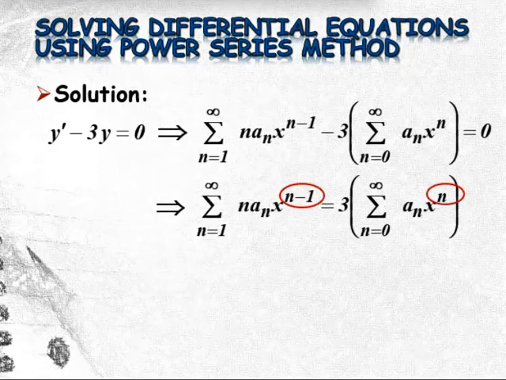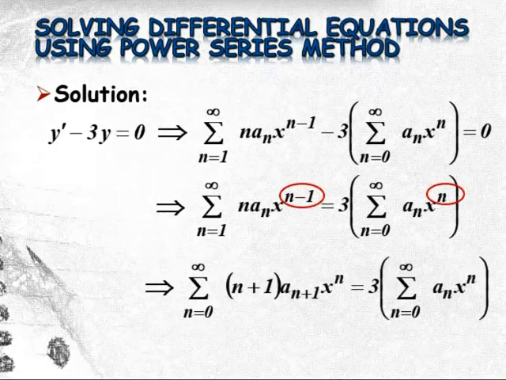So to obtain equal powers of x, we need to adjust the summation indices by replacing n by n plus 1 in the left-hand sum. So we will end up with the summation of n plus 1 times a sub n plus 1 times x raised to n from n equals 0 to infinity.